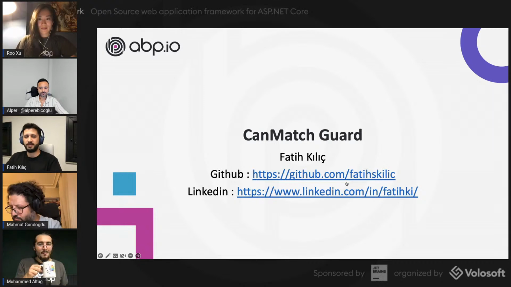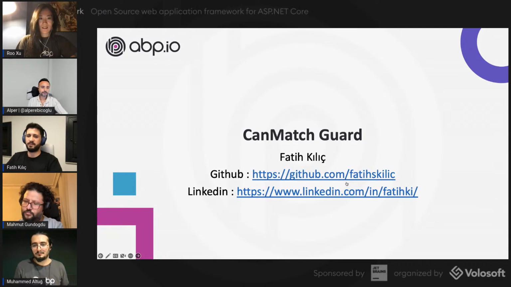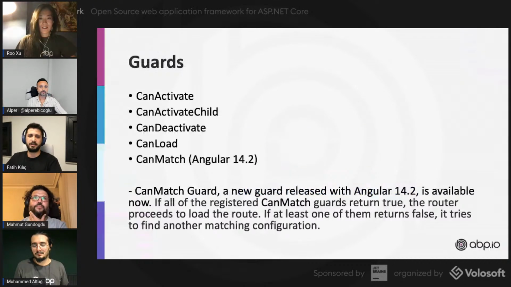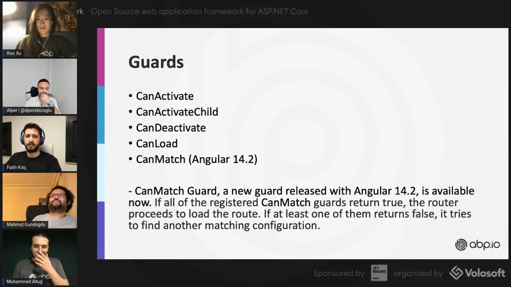I am Fatih. I have been working as an Angular developer at Volosoft for about 7 months. Today, I will talk about a few features that come with Angular 14. The first of these is the CanMatch Guard. As you know, a guard in Angular is a class that decides if a route can be loaded, activated, or even deactivated.